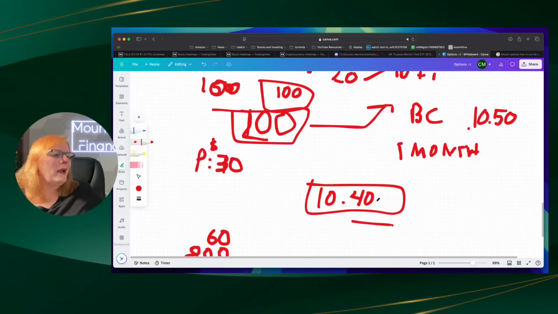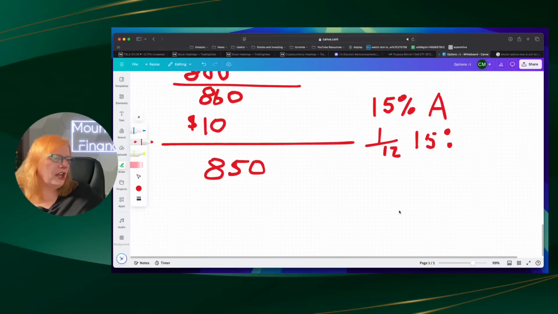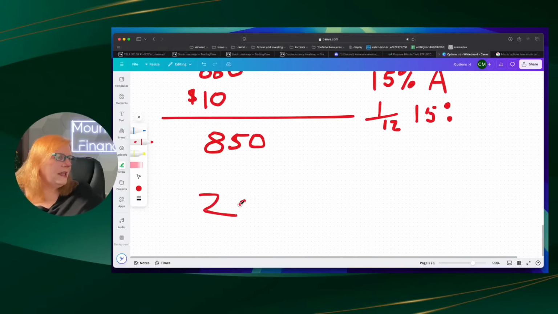if this went the wrong way, and let's say it went all the way up to 1060 on you. So it went up to 1060, you were forced to sell 200 shares. So in this case, fine, you keep your 100 shares, but you owe the bank 100 shares.